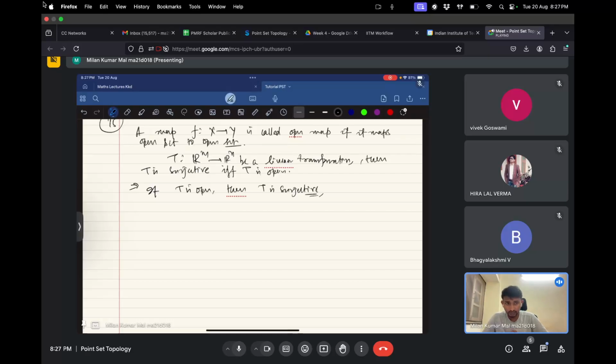If T is not surjective, that means there exists a point. Let me think a little bit. If T is not surjective, there should exist a point which was left by R^n.